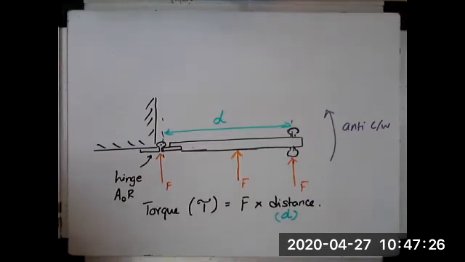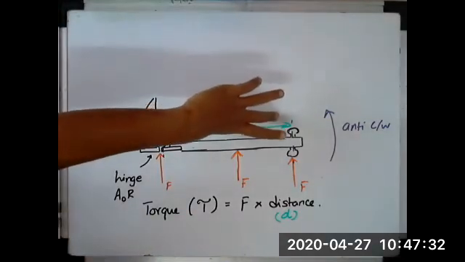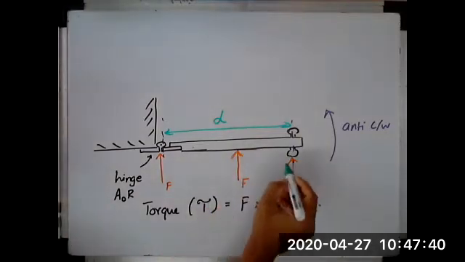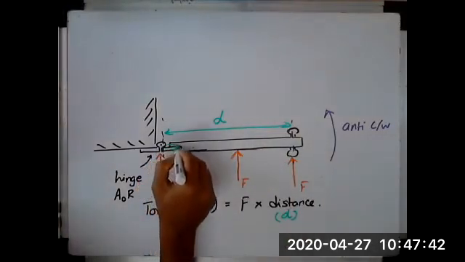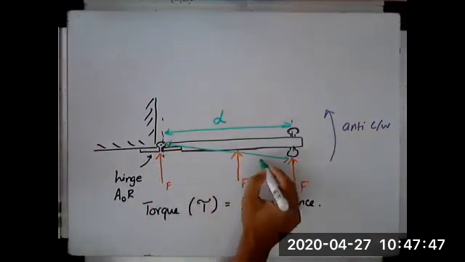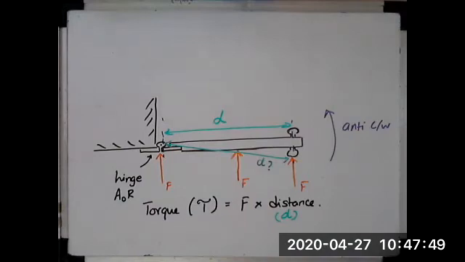Now we can ask, why is this the distance? Why can't, say for example, this be the distance, the distance from the point of application of the force to the hinge? Why not this?